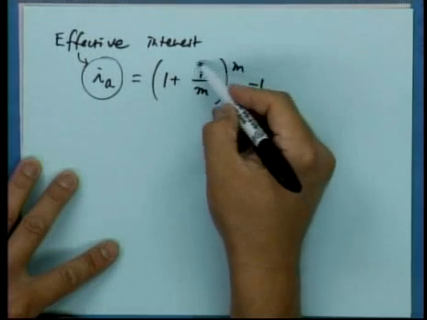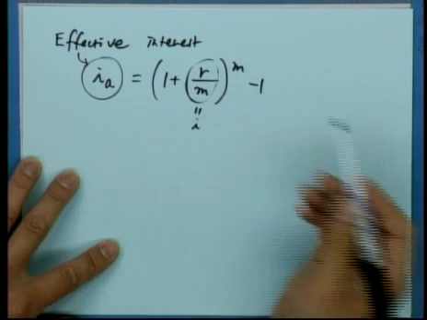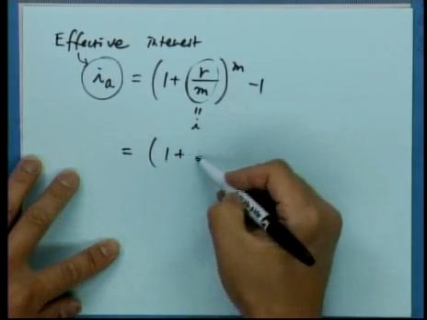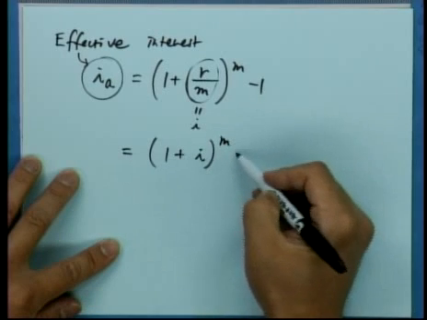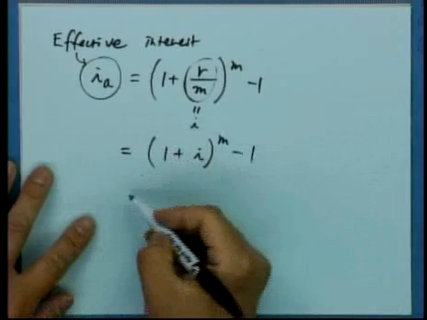And what is this? This is the same as i, right? So we can rewrite this formula as 1 plus i to the power m minus 1, right? Is that correct?